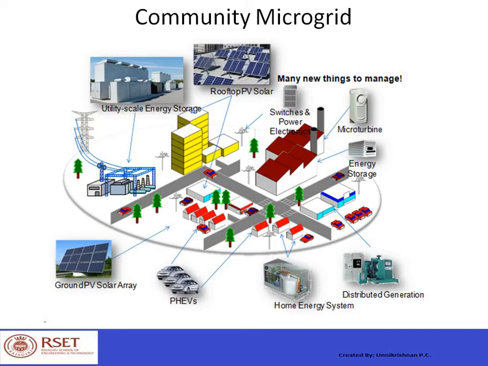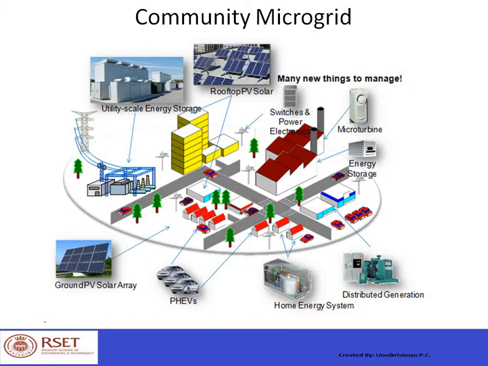If you see this picture, there are rooftop PV solars which generate energy from the sun, and micro turbines. In case the solars are not working, for example in the night, they have micro turbines. They have energy storage devices, large huge batteries.